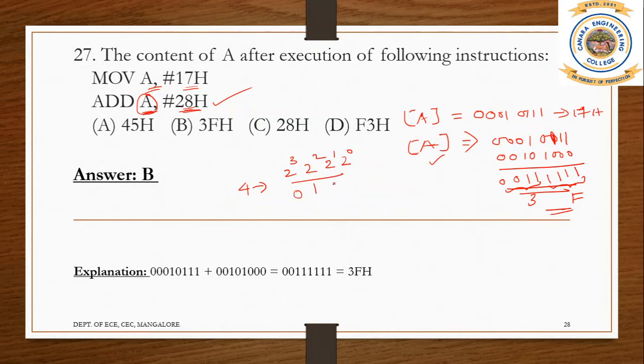Already 4 is done, so the remaining positions will be 0. Now if I want to write 5, then 4 plus 1 is 5. So 2 power 2 will be 1, and 2 power 0 is 1, so this also will be 1. That will give me 5. Okay, just to give you a feel of it, in case you haven't memorized the binary numbers.